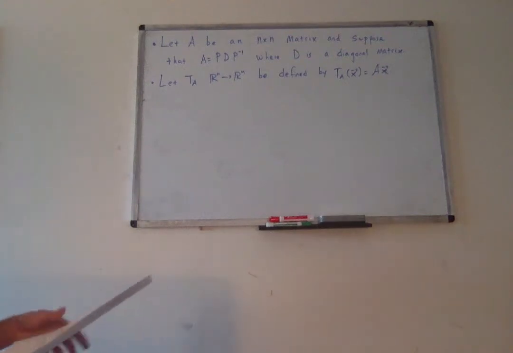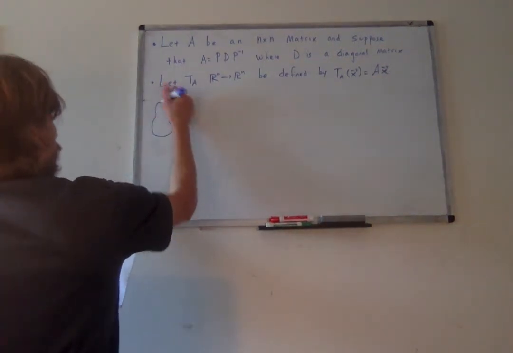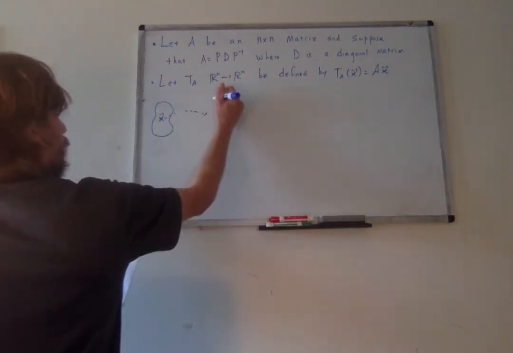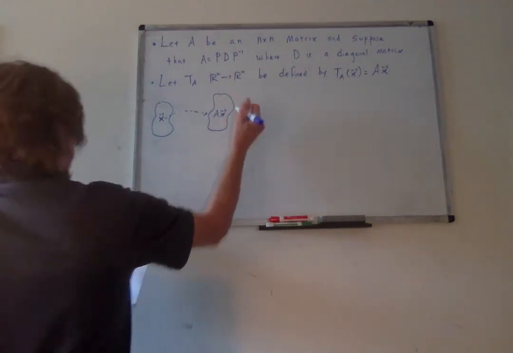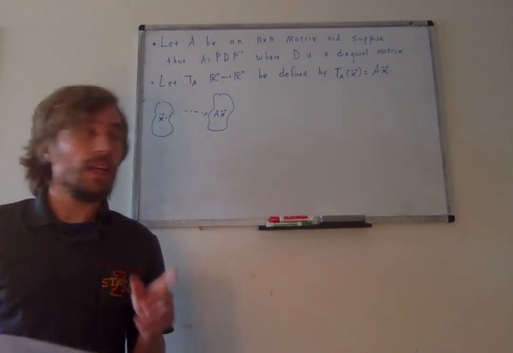So remember that if A is diagonalizable, we can form a basis out of the eigenvectors of A, right?